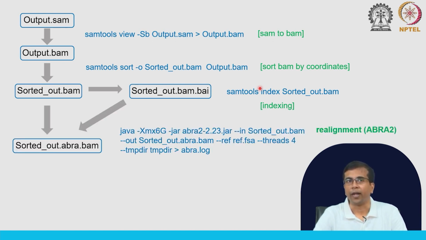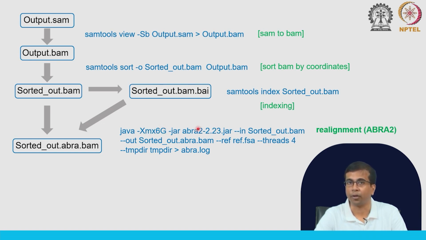Then we use these two files for realignment using this tool called ABRA2, and we use this command specifically. Again I mentioned what this command means. We are calling Java here, and limiting the memory usage to 6 GB using this option.